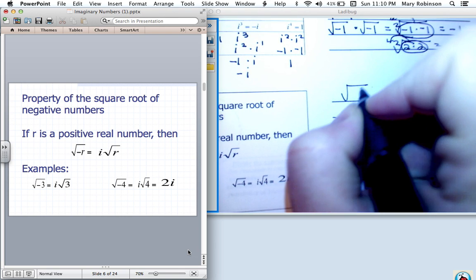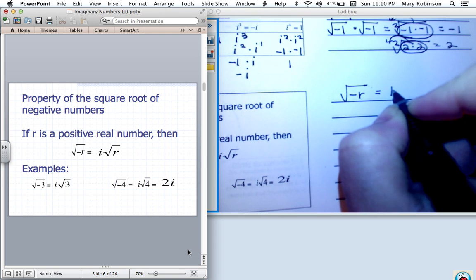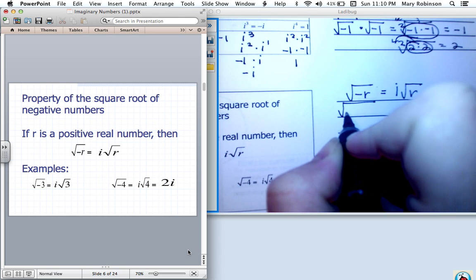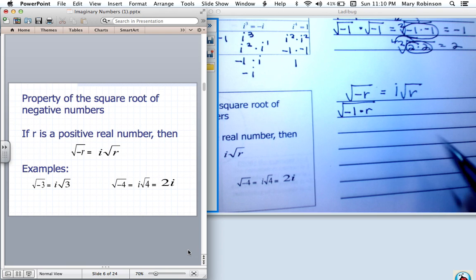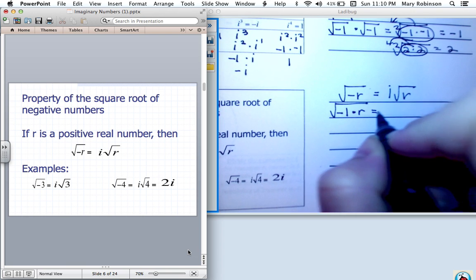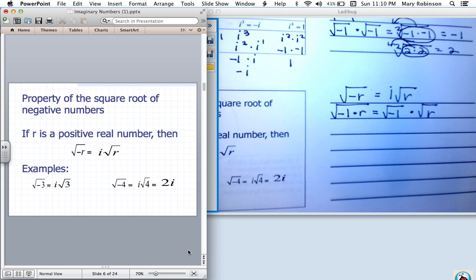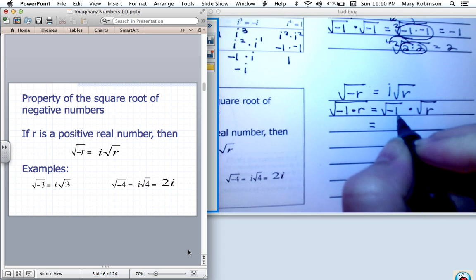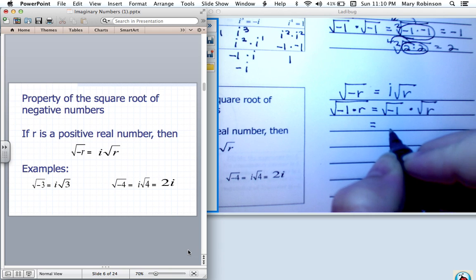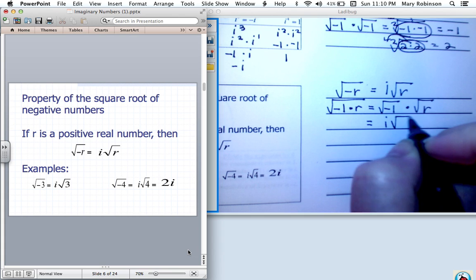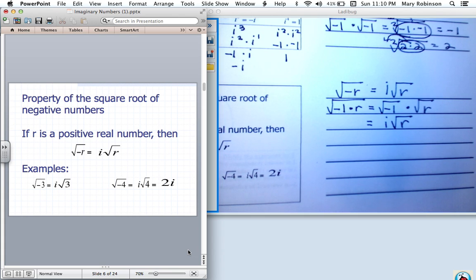The reason being is if you think about it, the square root of negative r is really negative 1 times r. If we separate this into the square root of negative 1 times the square root of r, then we would replace the square root of negative 1 with i, that's the definition of i, and then of course just have the square root of r.